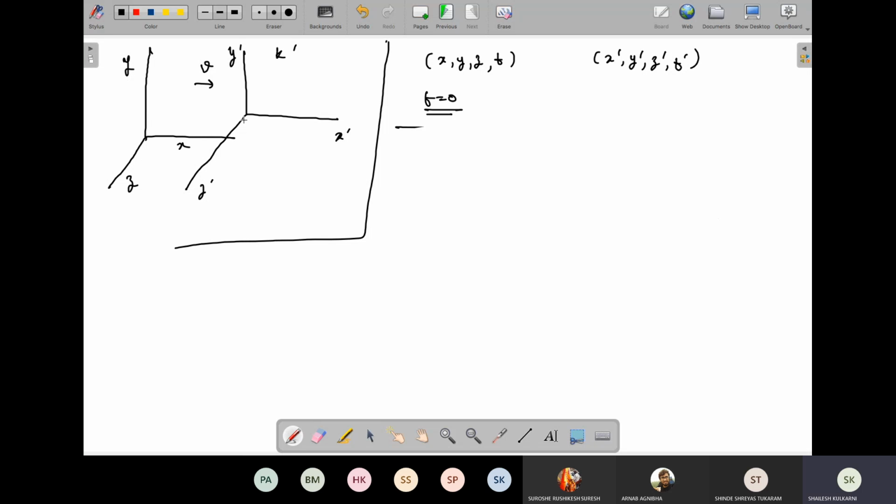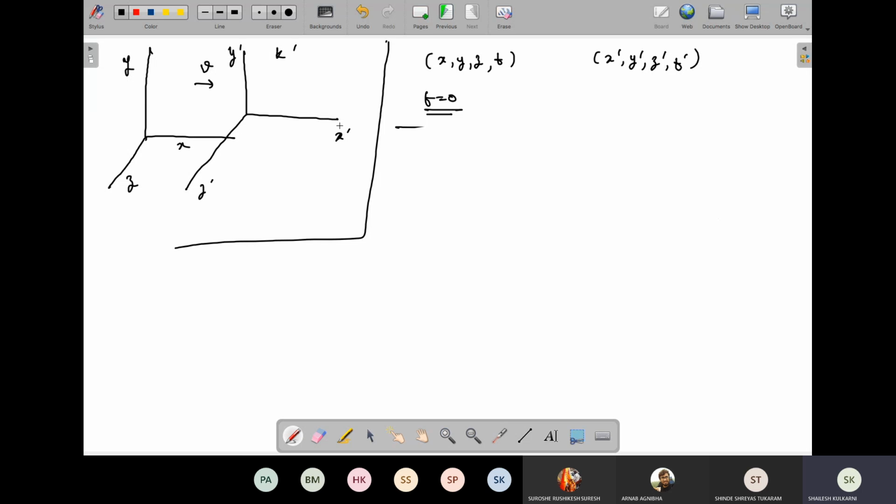You can convince yourself that if I'm giving the velocity along the x prime direction and I expect y to change, it would mean that you are giving one of the frames a special importance. You can distinguish between the two frames.